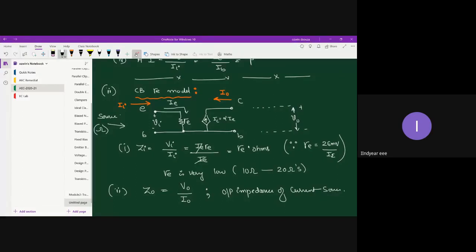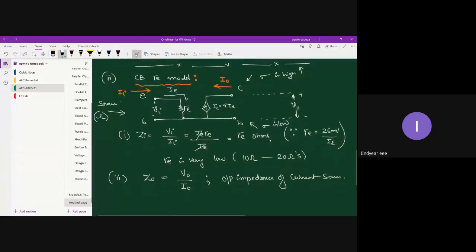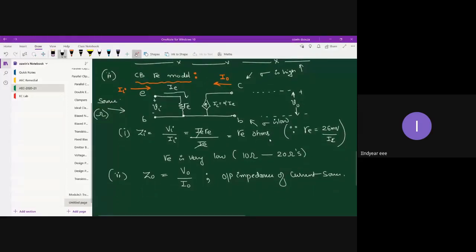In the previous class, I already told you that on the output side you have a collector layer and a base layer. The conductivity is low for the base layer and high for the collector layer, simply because the collector has more dopants and the base has fewer dopants. That's the reason the output impedance is significantly high compared to the common emitter configuration.